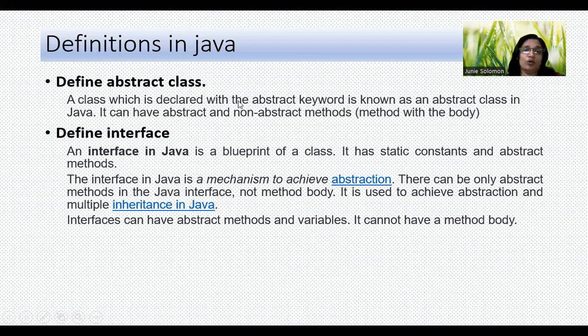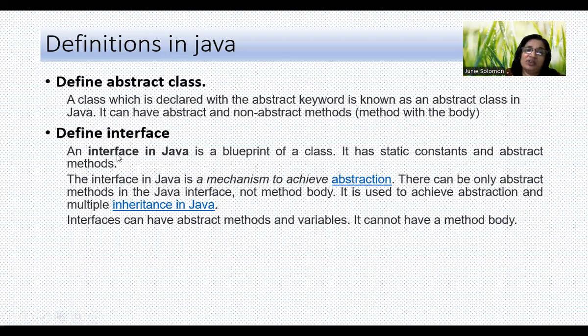So what if I need many classes to inherit? Then you cannot go for an abstract class, you go for an interface. There are a lot of interfaces in Java where you can apply multiple inheritance. So an interface is nothing but a pure abstract class, with all abstract methods.